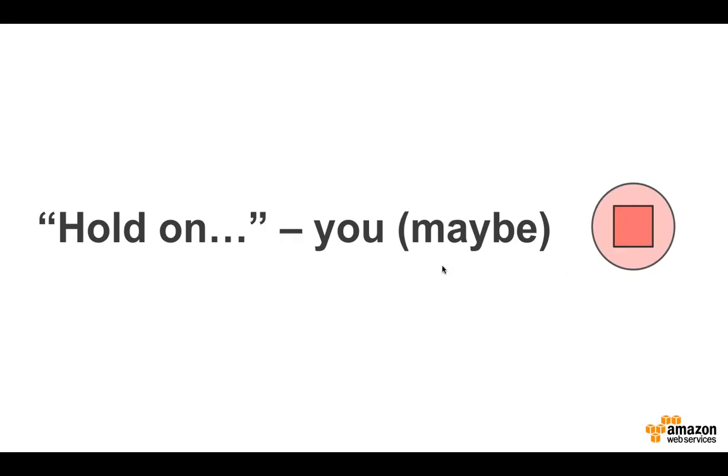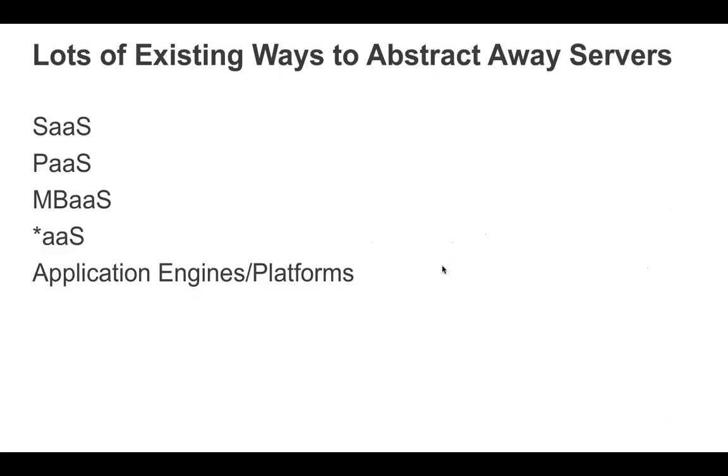So you may be thinking, well, hold on, how is this unique? I've kind of alluded to it so far. Previously, there have been lots of ways to abstract away your services: software as a service, platform as a service, database services, also backend as a service, but they are fundamentally different.